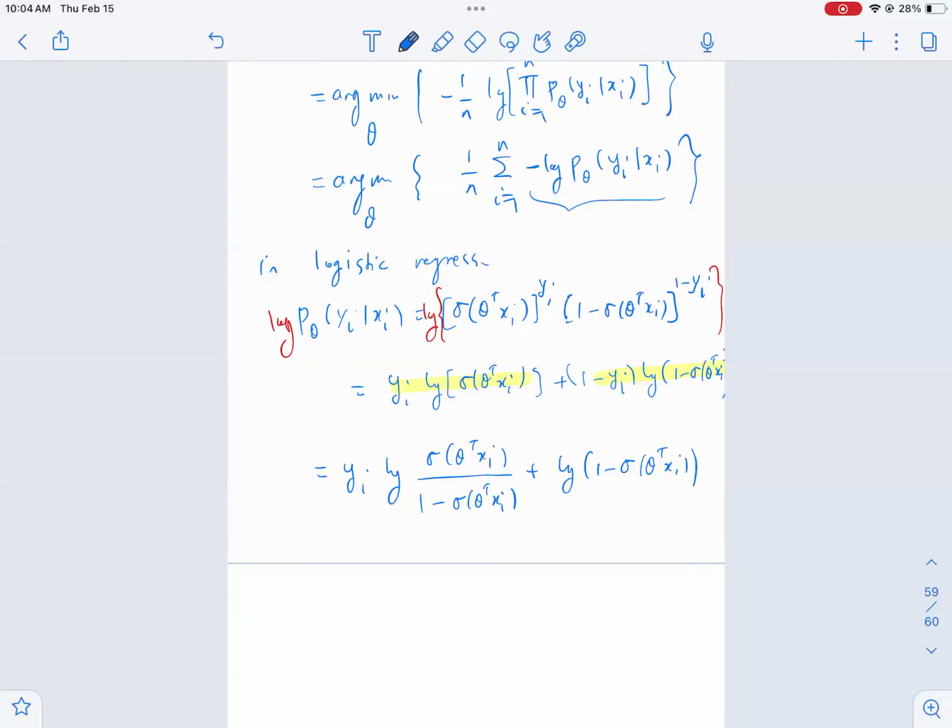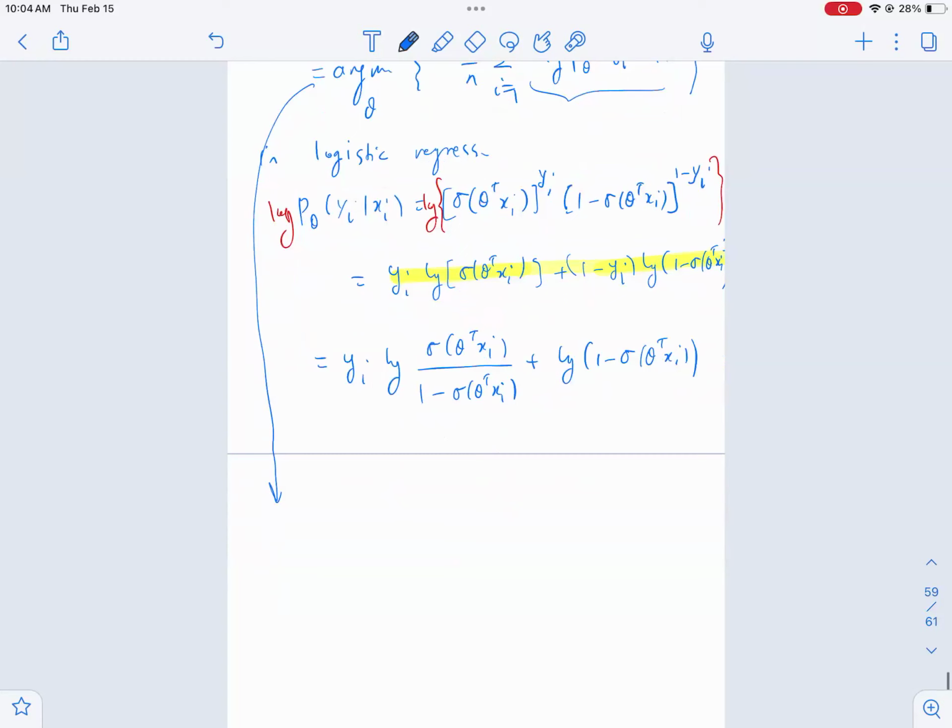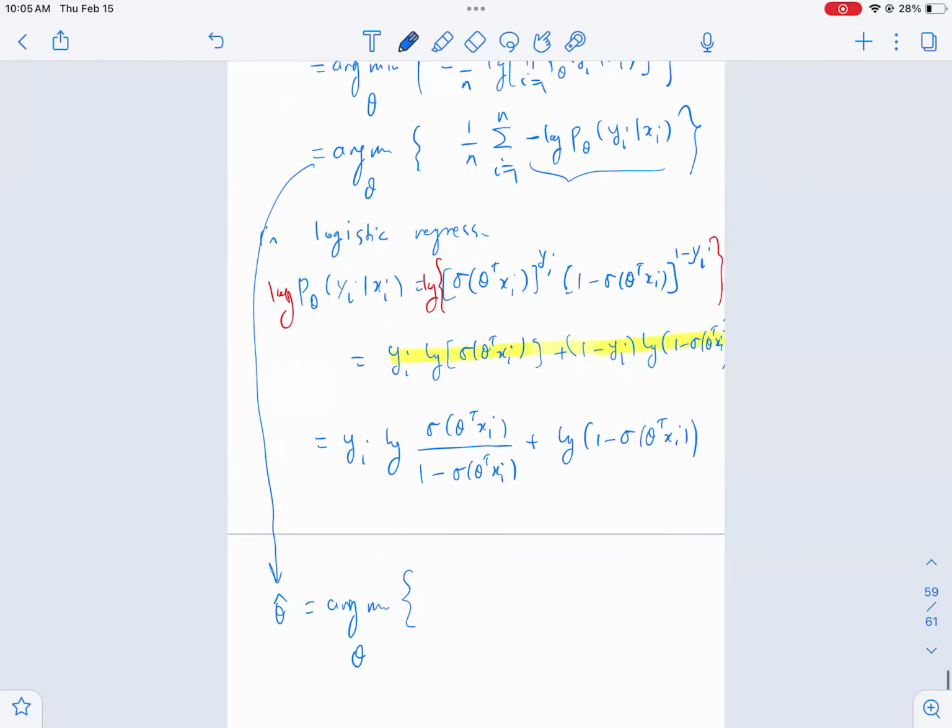So at this point, if I plug that in, there are different versions. Even if I just plug it in at this point, before doing that simplification, what I would get is theta hat is argmin over theta. Let me define something here.